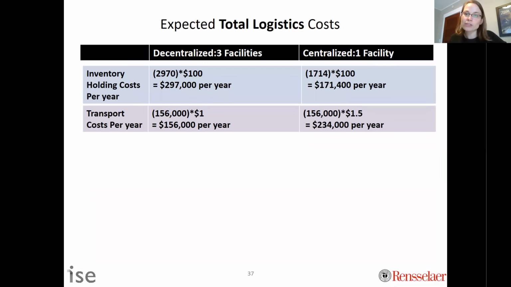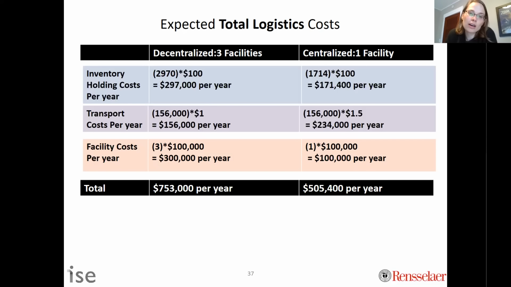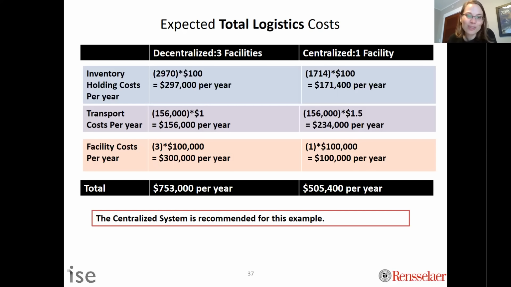The transport costs are, again, higher in the centralized, lower in the decentralized. The facility costs are higher in the decentralized, lower in the centralized. And if you sum them together, you get that the total cost is lower in the centralized system by about 200,000 per year. So for this example, the centralized system is recommended.